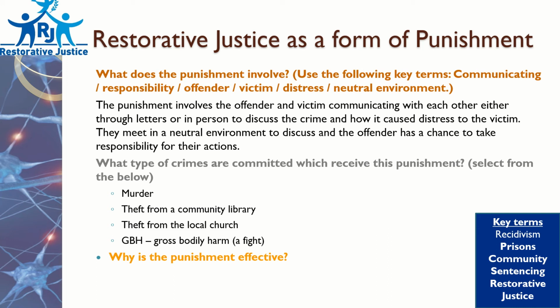So it's all about making sure that both the victim and the person who committed the crime, the offender, is in a place where they're willing to accept the other person, and that it's not going to cause too much distress for either one of them.